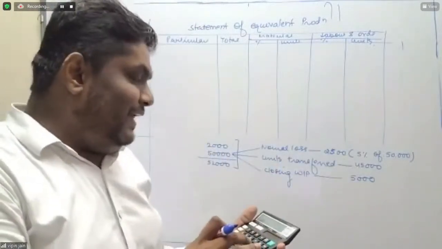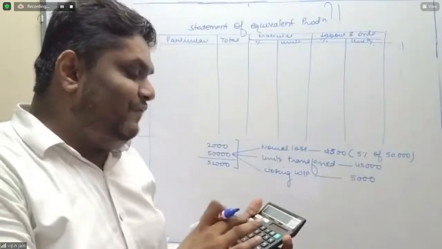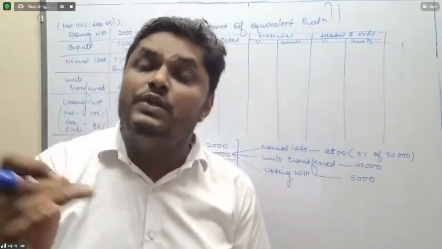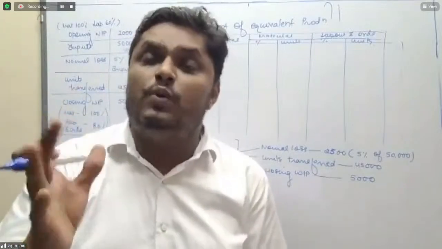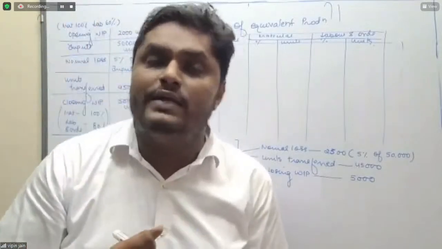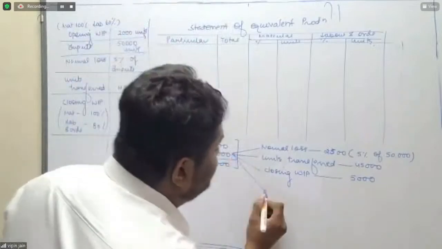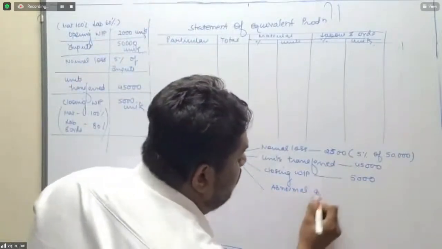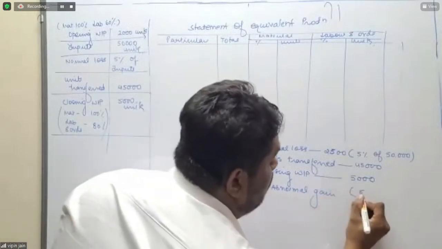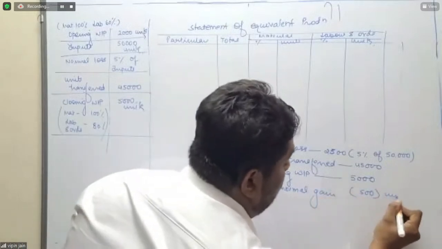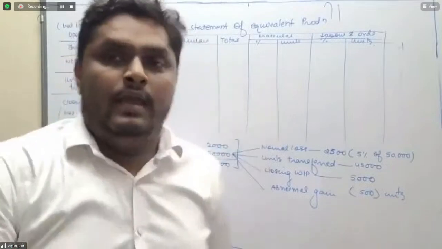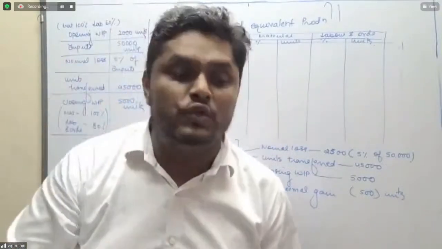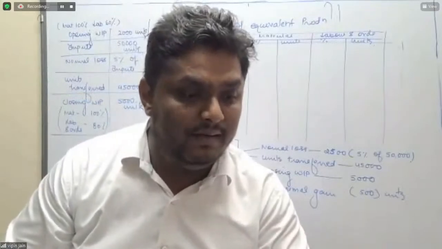Out of this 49,500 units, 45,000 units were transferred, and 5,000 units are still in process. It means we have extra 500 units. So these 500 units are my abnormal gain. And Pooja, as I told you, if it is abnormal gain, we will assume that it is 100% complete.